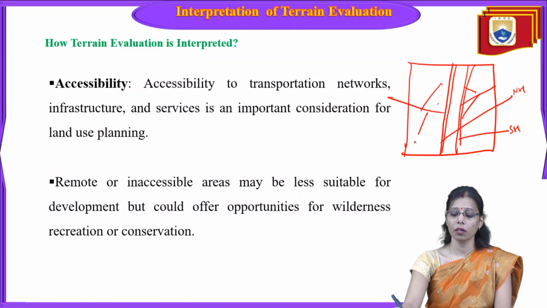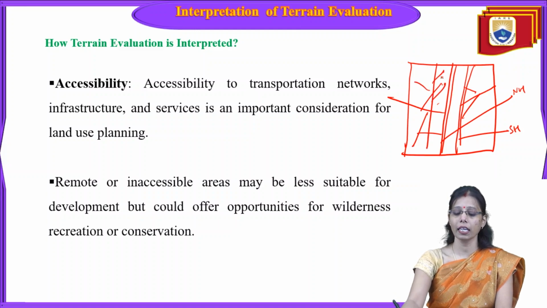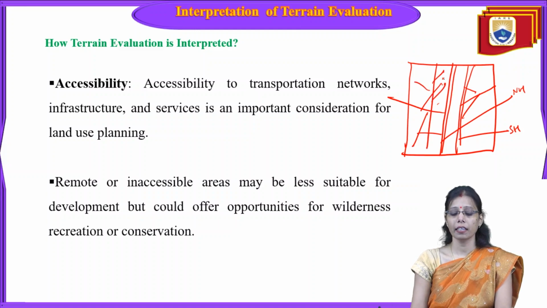So if you see this many road networks in the terrain, that means that area is very good in accessibility, right? To reach from one point to the other point, good infrastructure is there.